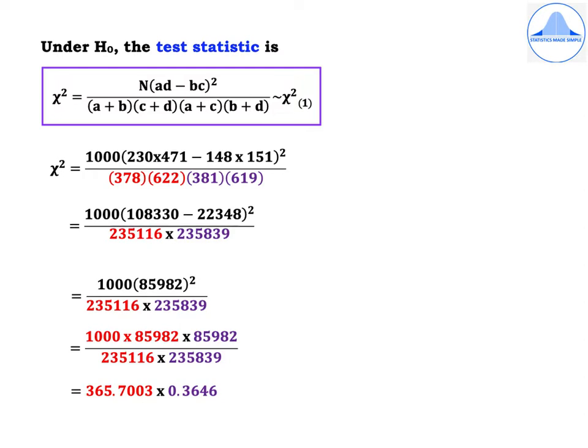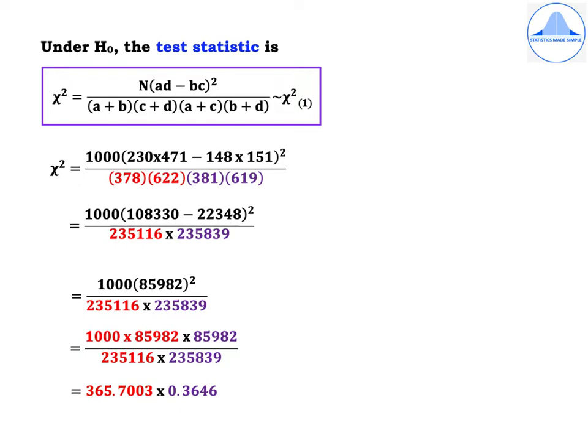When I multiply the two values in the numerator and divide by the value in red color in the denominator, I get 365.7003 into, when I divide the values in purple color, 0.3646.